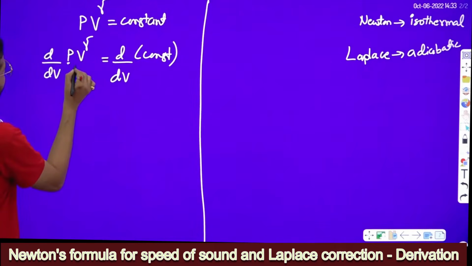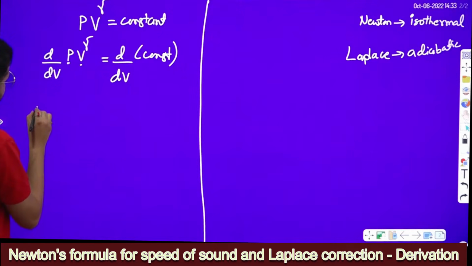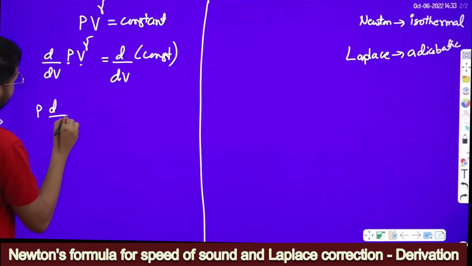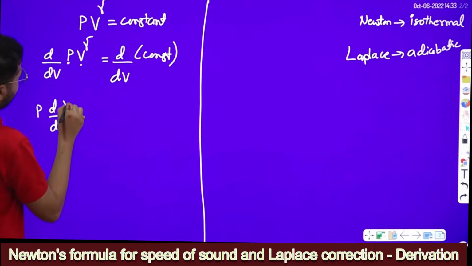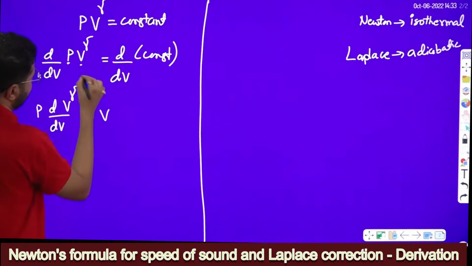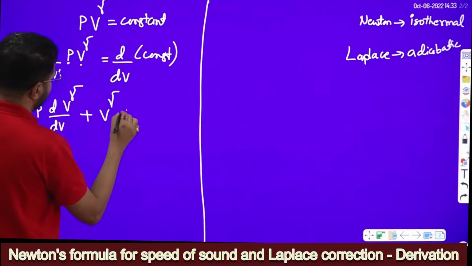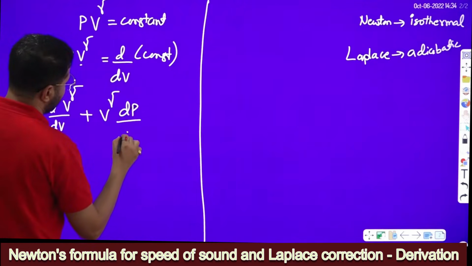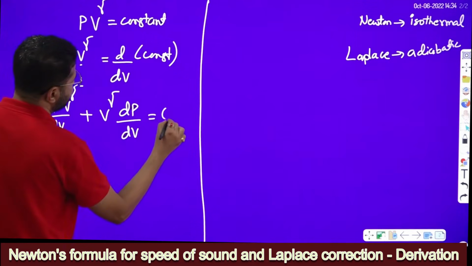Here there are two functions: first function into differentiation of second function, plus second function into differentiation of first function, is equal to 0.